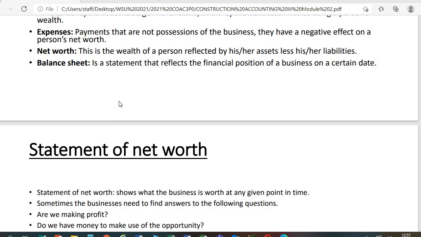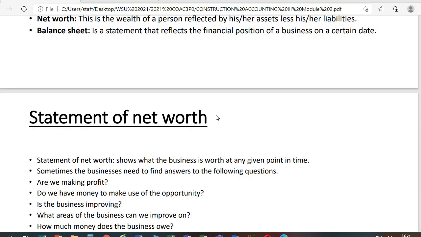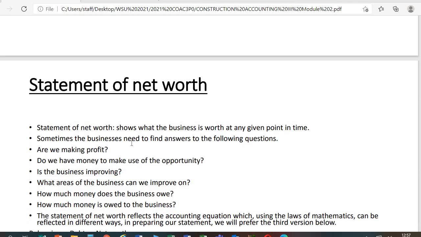And then we've got your balance sheet, which is a statement that reflects the financial position of a business on a certain date. And then we've got your statement of net worth. This shows what the business is worth at any given point in time.